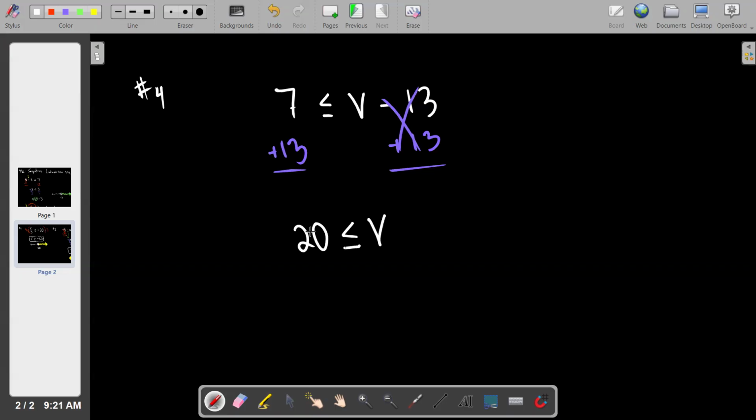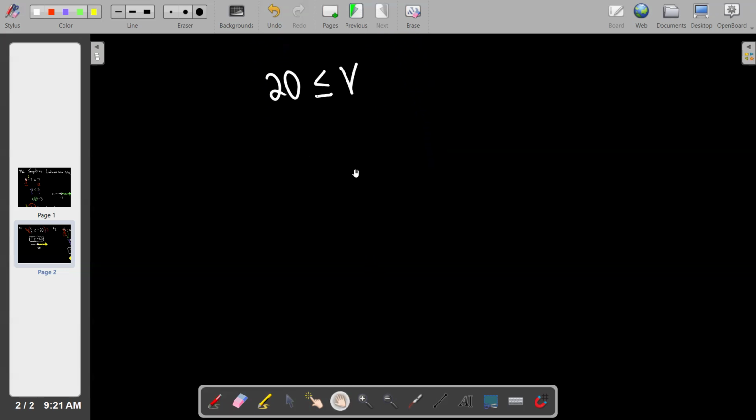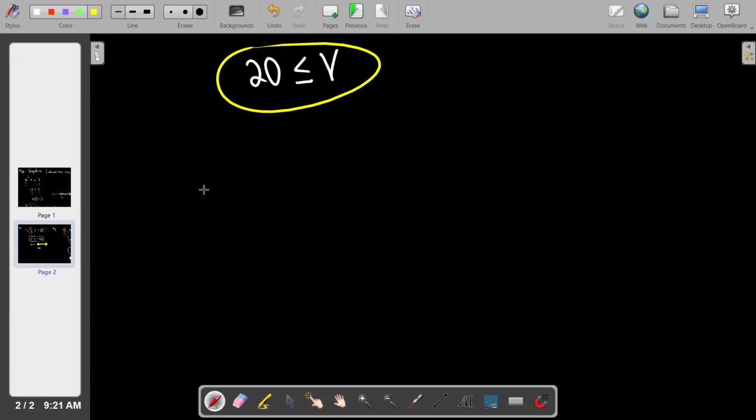Because it's backwards, and there's some decent percentage of people, young people, old people, whatever, who would make the graph backwards. And as I've stated, that's just not going to work for me. So read this to me backwards. What does that say backwards? V is actually greater than or equal to 20. So we switched the sign, in air quotes.